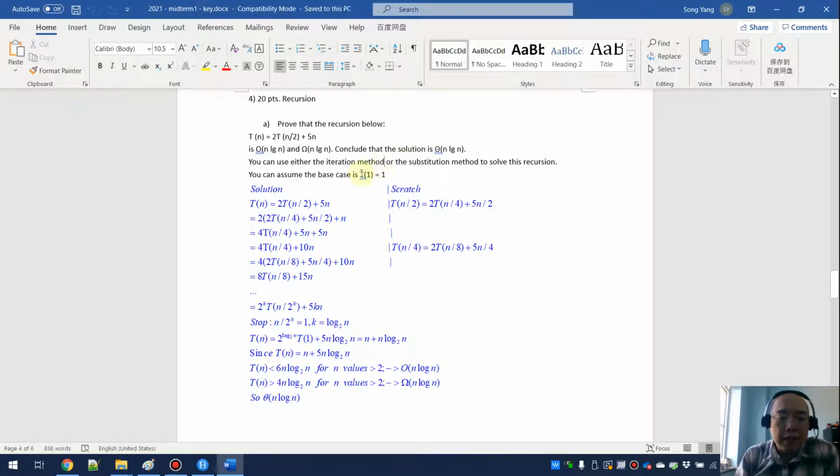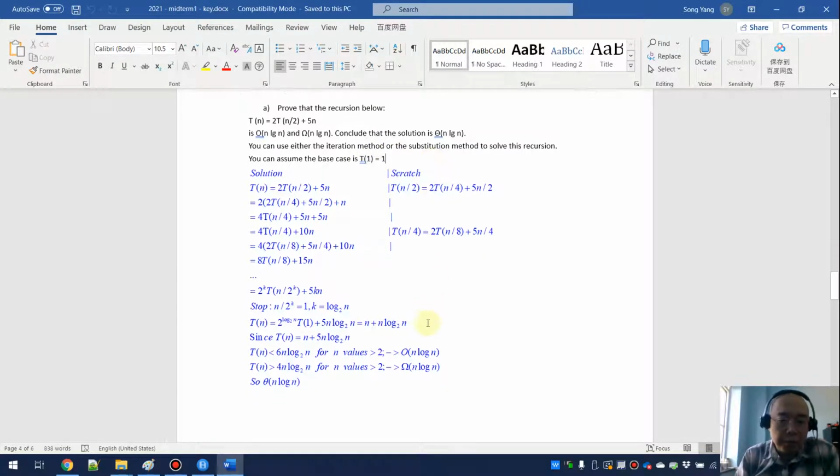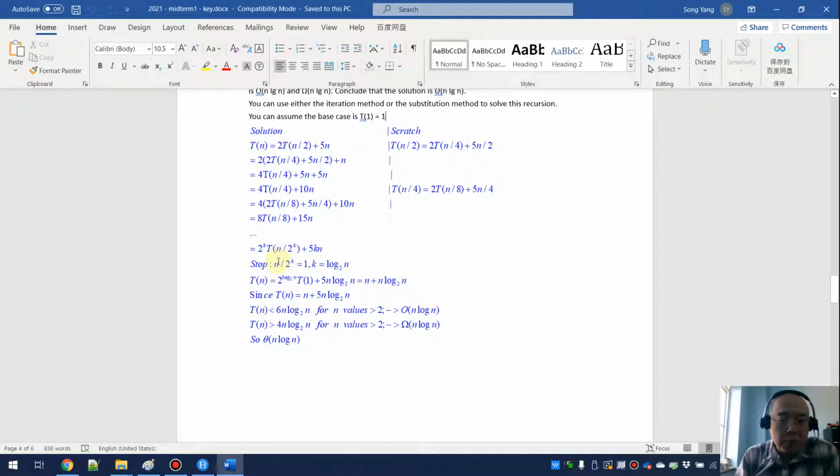When can I get to the base case, which is T(1) equals 1? When n divided by 2^k is 1, at this time k is log2 n. Then I substitute k with log2 n, and eventually I will be able to prove that T(n) is n plus 5n log2 n.